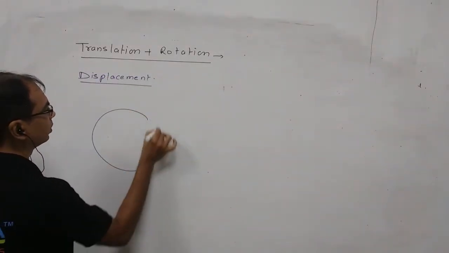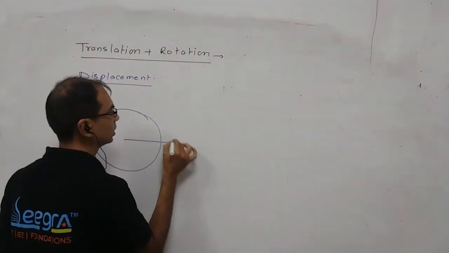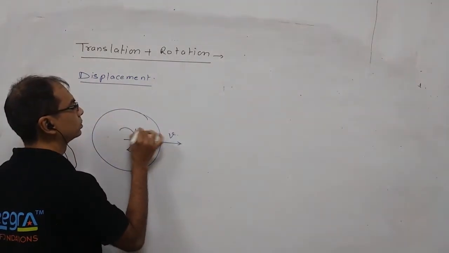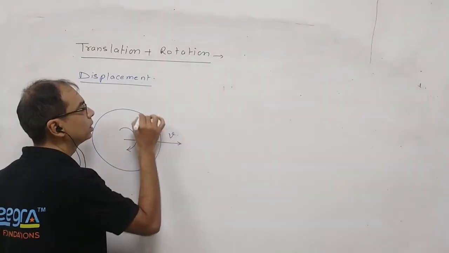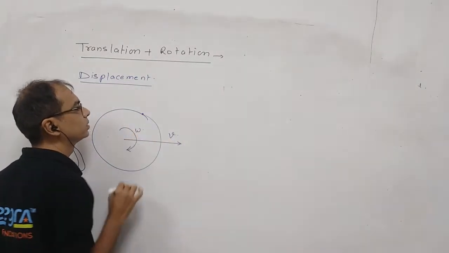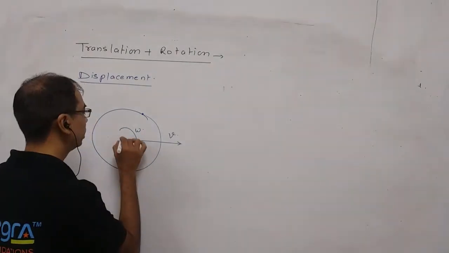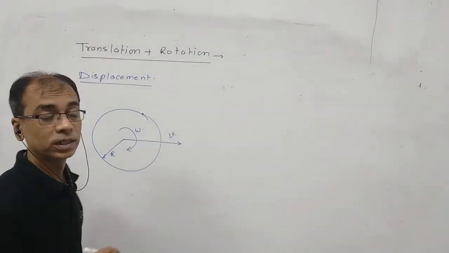So displacement we want, right? Here this center, let's say its velocity is v, and it is moving with omega. If I ask you what will be its omega, can we say omega is equal to v by r?